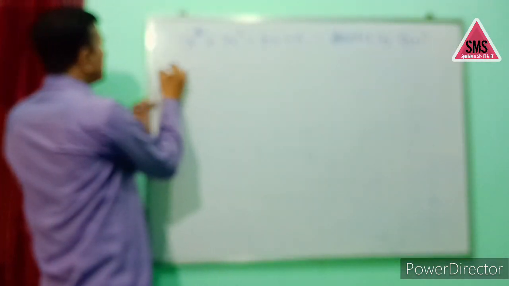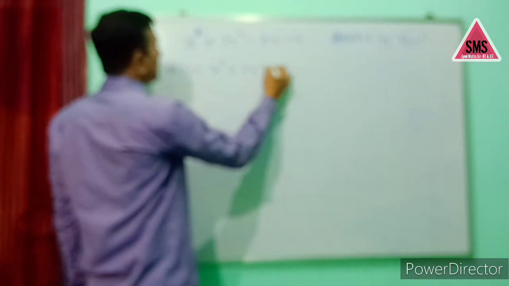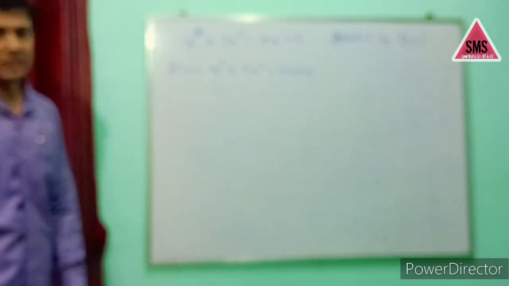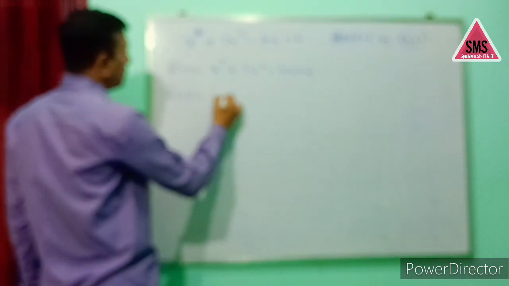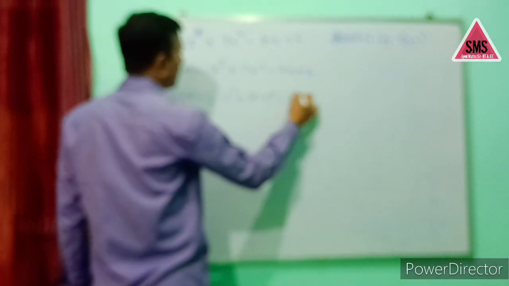Name this polynomial as f of x, and since it is divided by x plus 1, substitute x value as minus 1. Now fill the x place with minus 1.